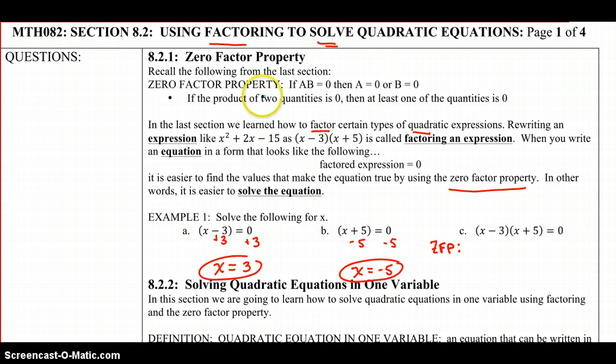Okay, so if we put the ordered pair together for the x-intercept, we get negative 5, 0, and an input of negative 2 gave us an output of 0. So the ordered pair would be negative 2, 0. And our y-intercept is the y-coordinate when x is 0. So we're going to put in an input of 0.